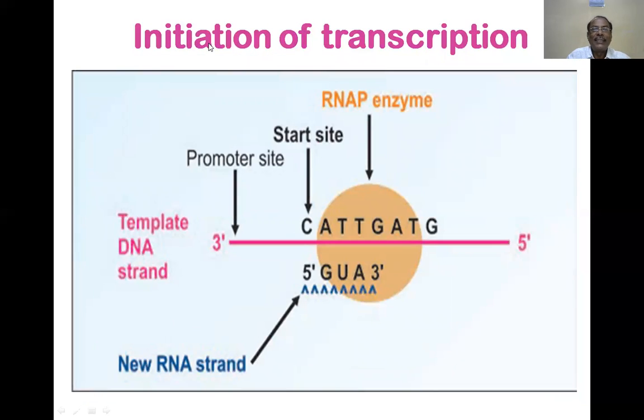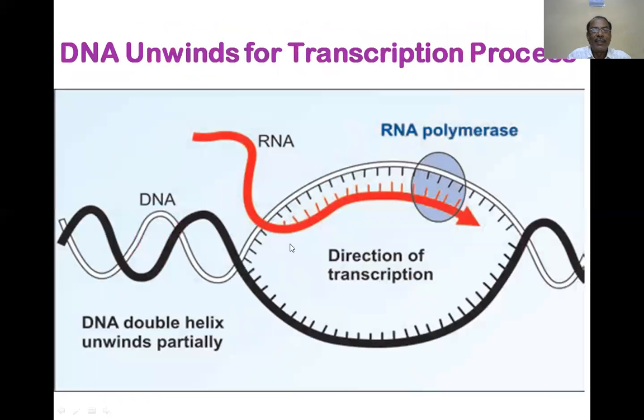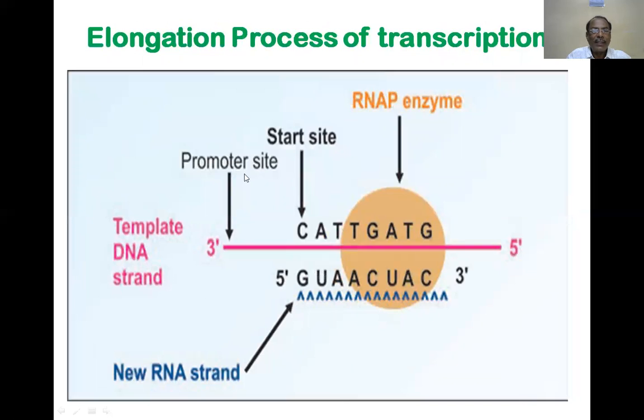So what is that? Initiation of transcription. The RNA polymerase enzyme is needed. The site where the polymerization, or the transcription process, needs to be started is called the promoter site on a template strand. The RNA polymerase binds there, and then it slowly goes on and polymerizes.